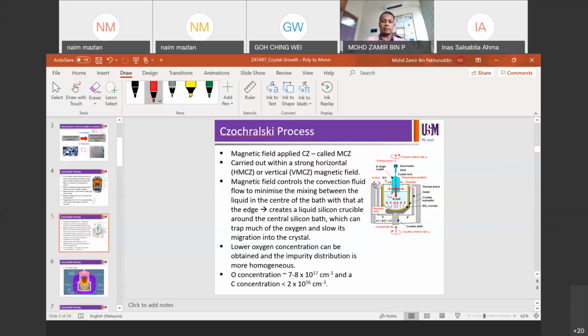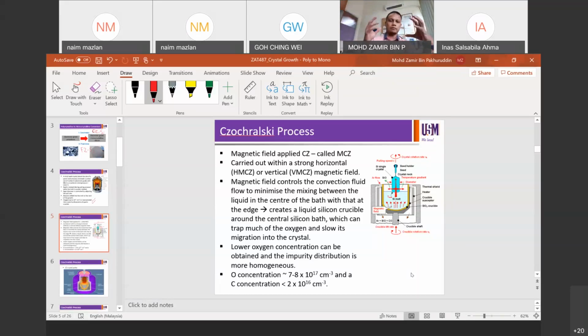The magnetic field is applied around the crucible, so it's called magnetic field applied CZ, or MCZ. It is carried out within a strong horizontal or vertical magnetic field. What it does is control the convection of the melt in order to minimize mixing between the liquid at the center, meaning the melted silicon in the center of the bath, with the one at the edge.